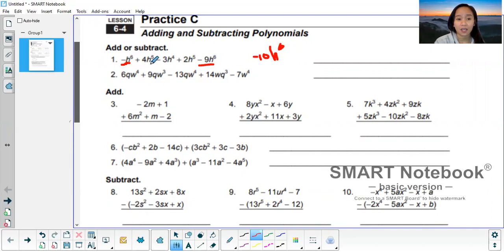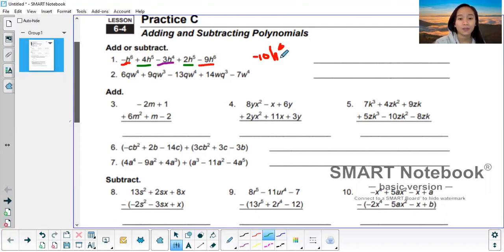Now next, h5. So which one has h5? So you can combine that and then that one. So that's positive because you got the plus before that. So that should be taken as a positive. So 4 plus 2, what's that? So that's 4h5. And then since you only have this one for h4, you just copy minus 3h4 at the end, and that's it.